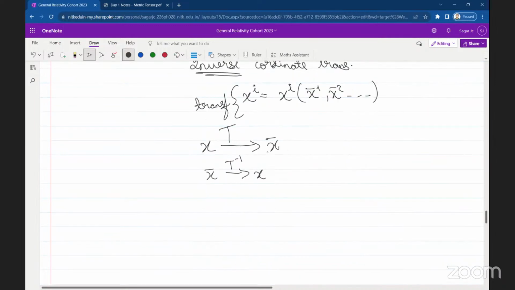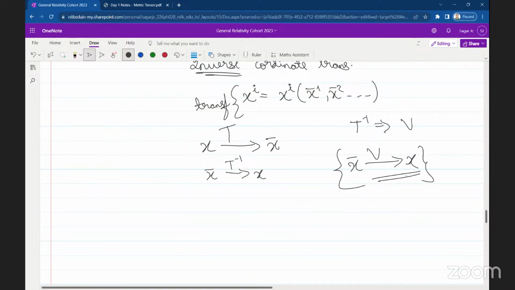So I can write T inverse to be some coordinate transformation, say V. So x bar as the old coordinate, with some coordinate transformation V, gives x. In this scenario, x bar became the original coordinate and x became the transformed coordinate.